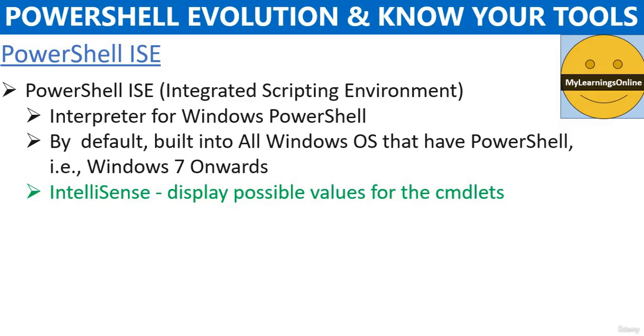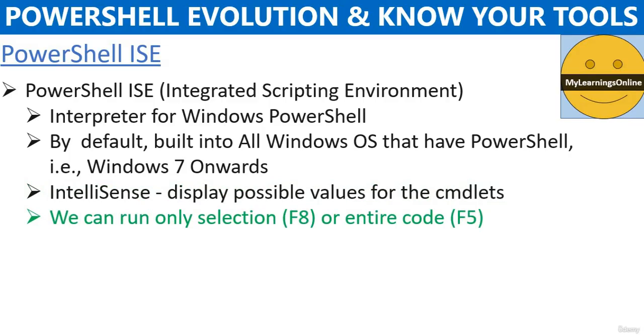This helps us reduce our code writing effort and time, and we don't need to learn the spellings of commands, or remember all the possible parameters of a command. We also don't have to worry about the syntax of our code, because wherever we are wrong, PowerShell ISE gives us a hint to correct it.